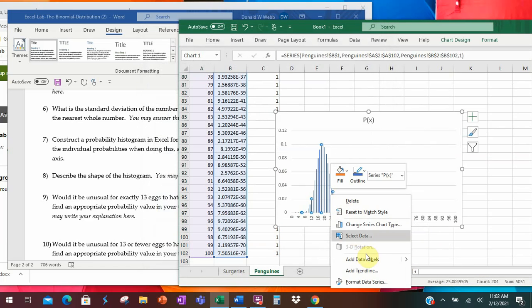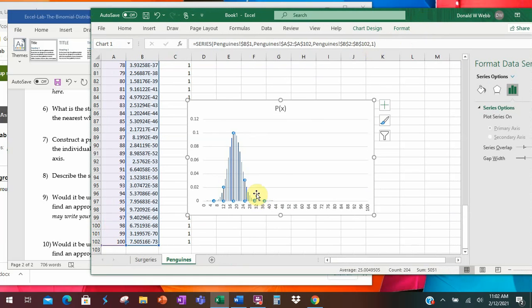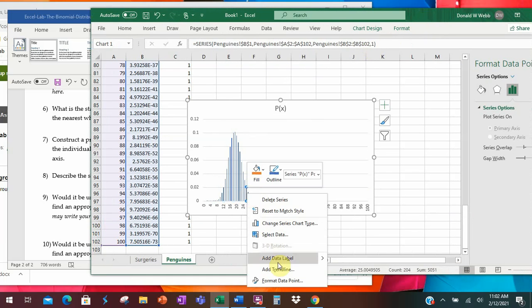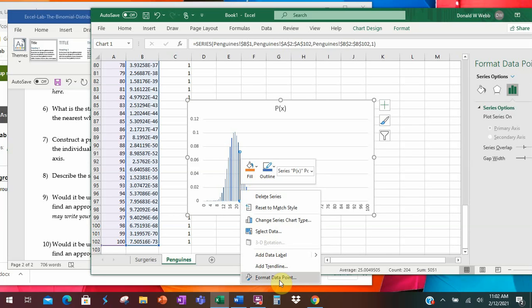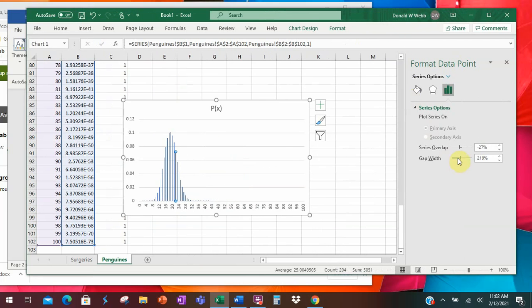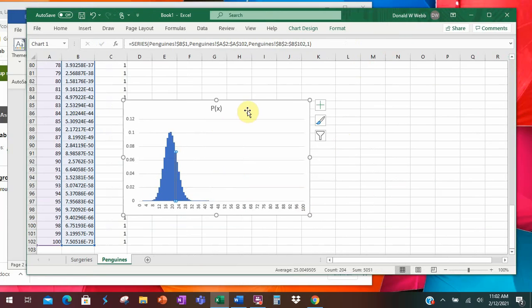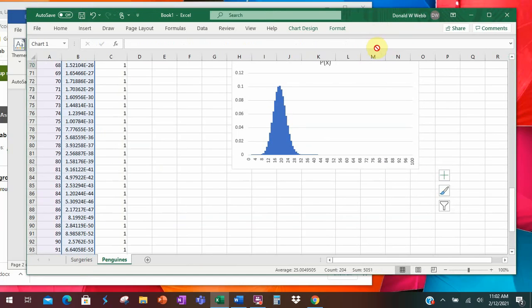So if I click on this thing and then format my data series, right over here, I had it. It just didn't show up. If I go to my gap width, then I reduce my gap width, then we got it. Okay. And that's what we're kind of expecting over here. Let me kind of drag this thing up a little bit.